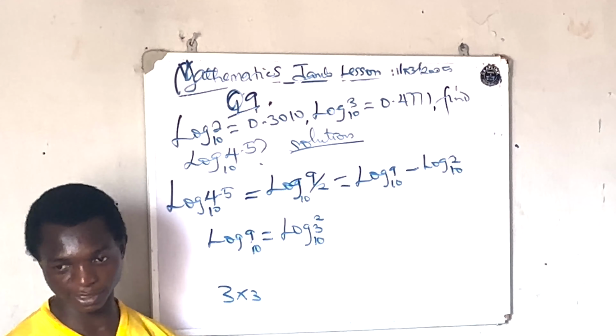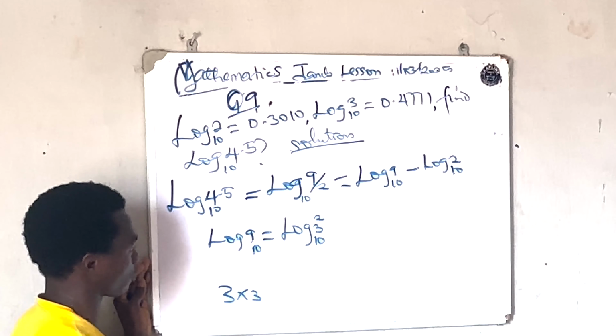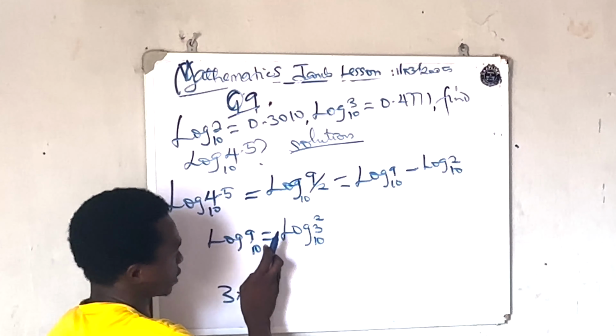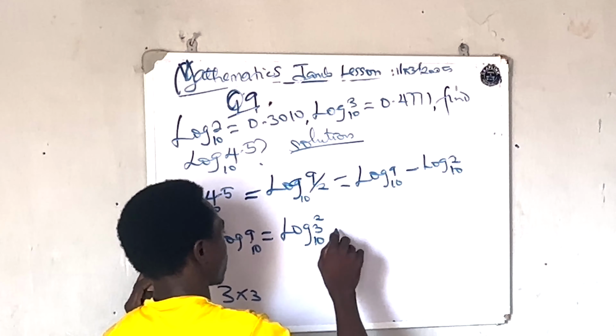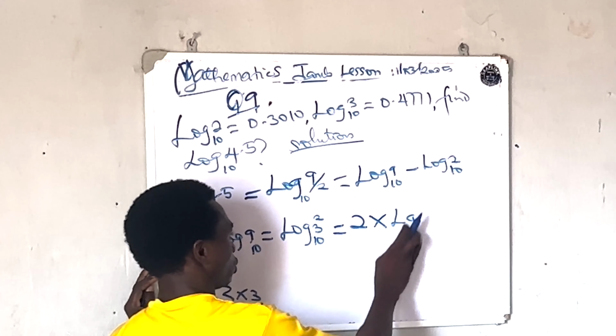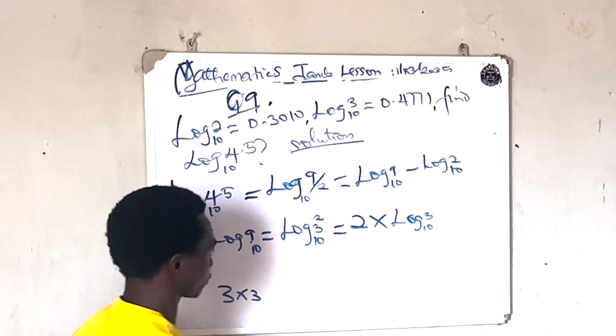So I did not change anything from there. Now, if you have a power law of logarithm, you multiply the power by the log itself. And this is the same thing as saying 2 times log of 3 in base 10.